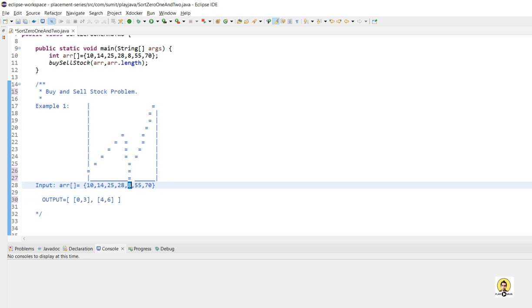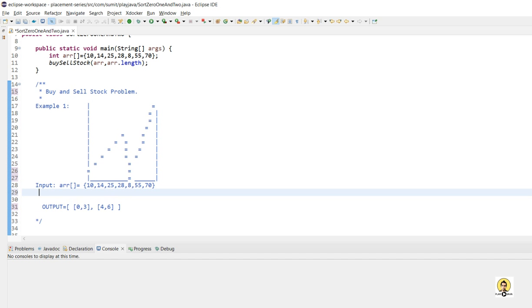Till what point does it increase? Till 70. So this is the last point. If we consider these as the number of days, starting from day 0, then day 1, day 2, day 3, and 4, 5 and 6.